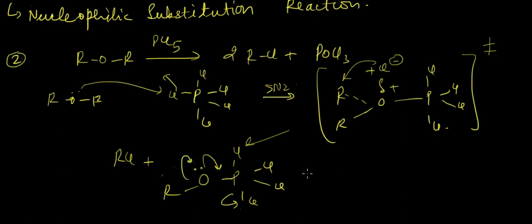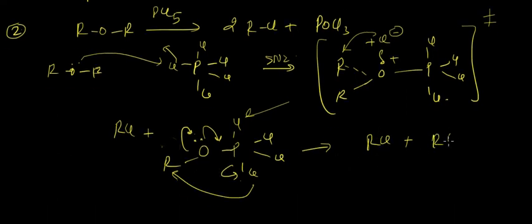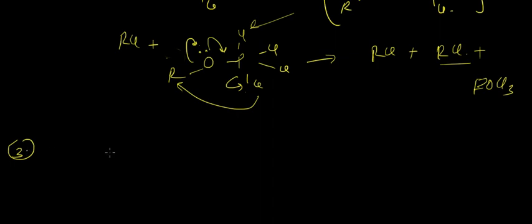Okay, so after this we would have RCl plus, then this removed Cl, which leaves as a negative charge, will attack on R to remove R from O and create a bond between R and Cl. Okay, so next we will have POCl3. Okay, so I hope by now the mechanism is pretty clear to you.